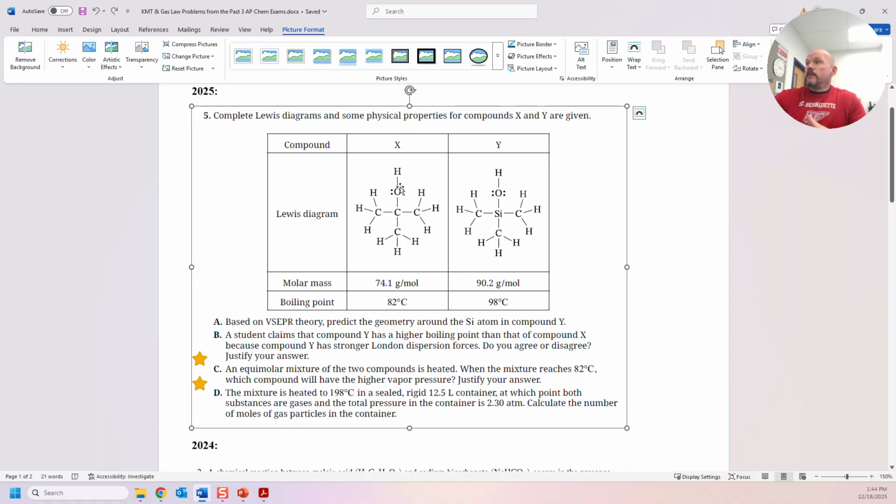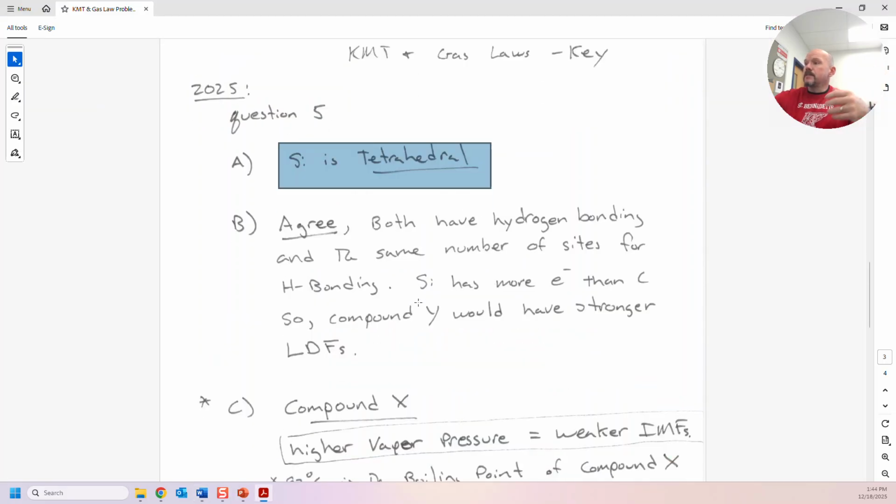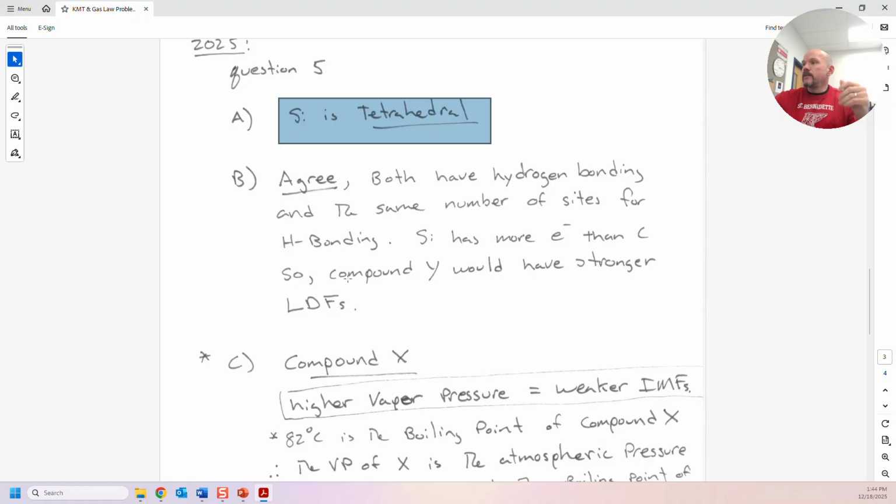That's when this one's going to have a lot more intense hydrogen bonding because there's a lot more locations for it. But we only have one OH group here. So we're only going to get similar numbers of hydrogen bonds between molecules. So the real difference is going to be the London dispersion forces. And remember, save yourself some time on the AP exam. You can just say LDFs for London dispersion.